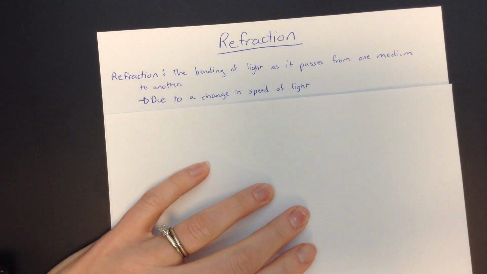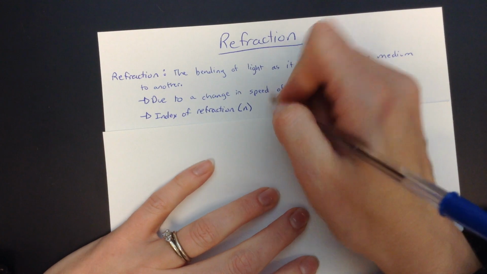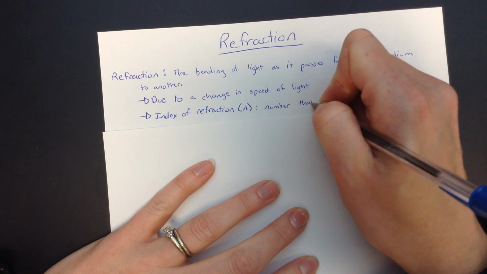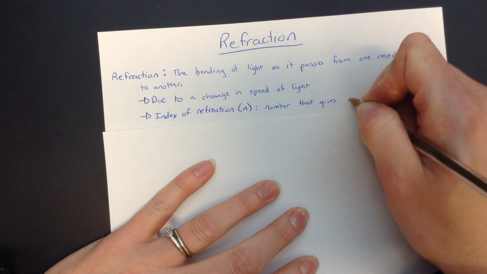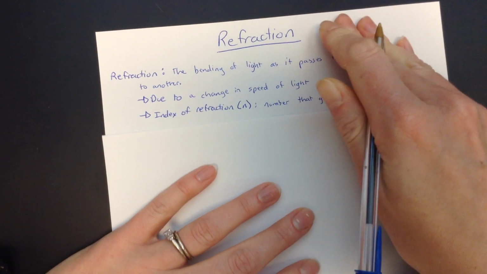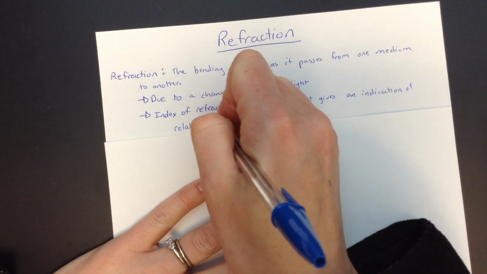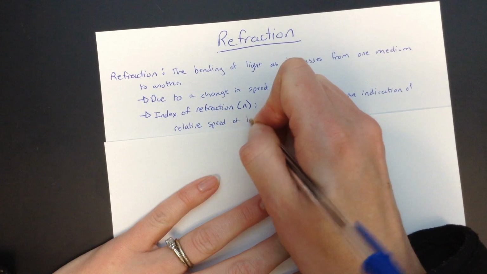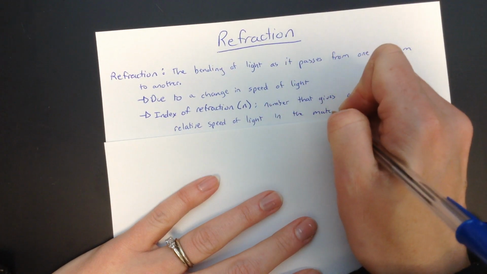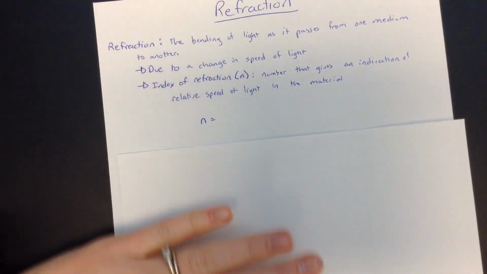In order to think about refraction, what we usually talk about is the index of refraction, and this is just a number that gives an indication of the relative speed of light in that material. What we're always comparing to is the speed of light in a vacuum.